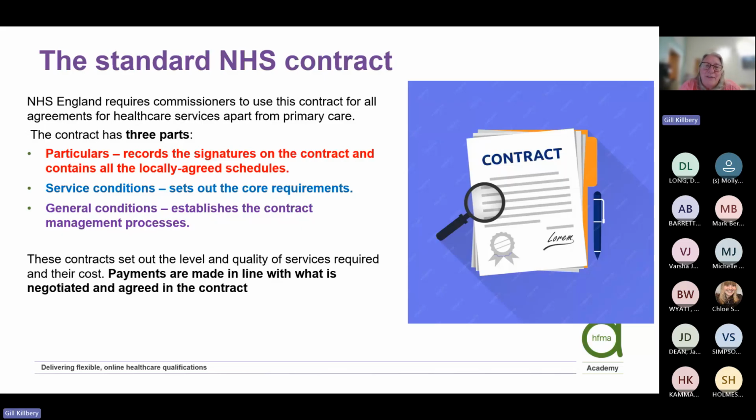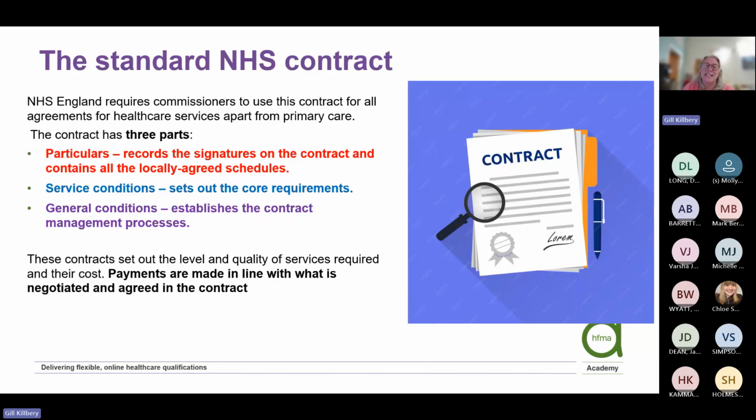The time and effort, as well as costs that would be necessary to be able to produce a legally binding contract with a number of providers that an ICB contracts with, or a provider contracts with the number of different ICBs and different commissioners, it would be huge, because these things have all got to be legally binding. So you need to go through them with an absolute fine-tooth comb.